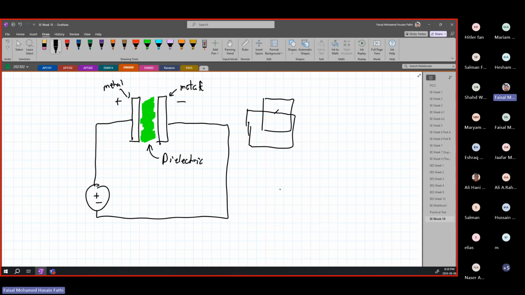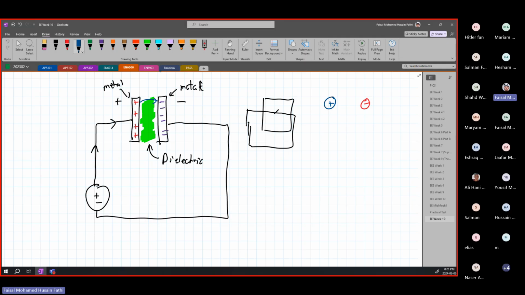But for now, what is happening? When you have a current flowing through this, you are making this side positively charged and this side negatively charged. There's going to be something known as an electrostatic force, the force of attraction between the positive and the negative. You know that plus is attracted to minus.